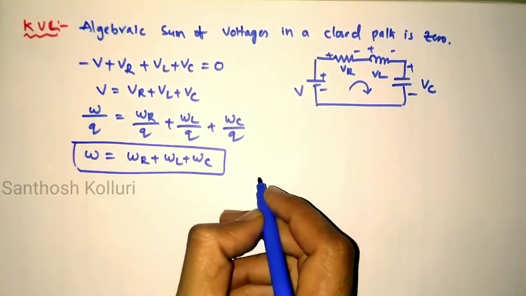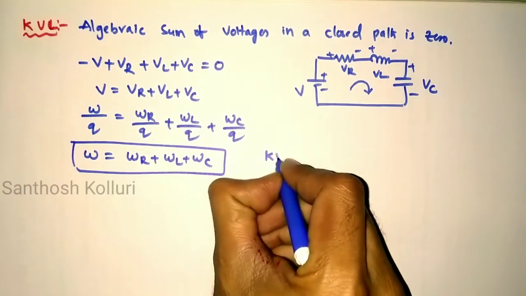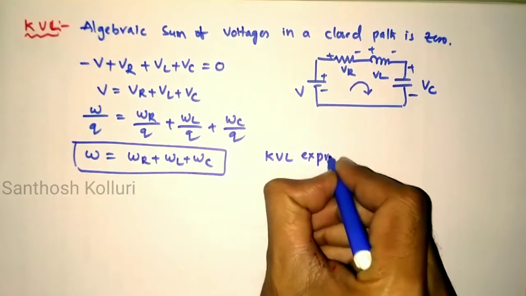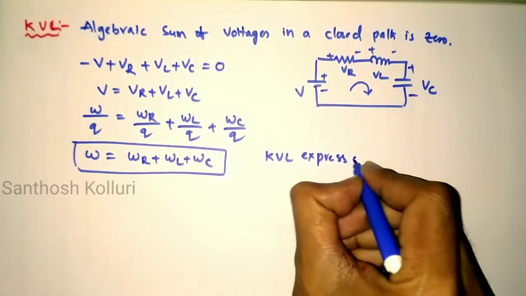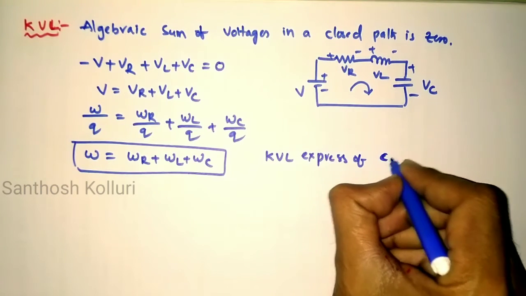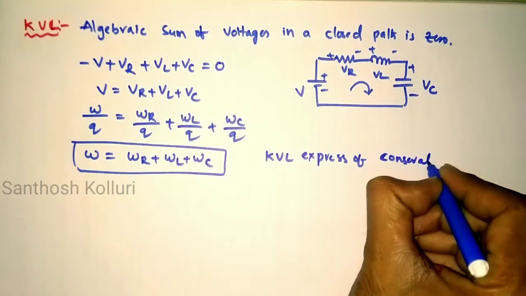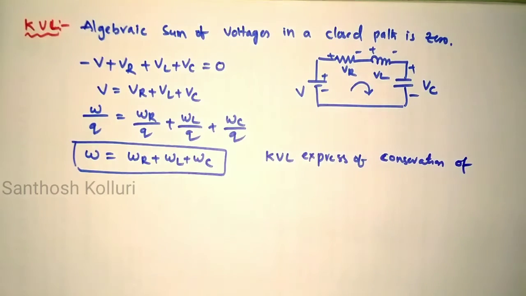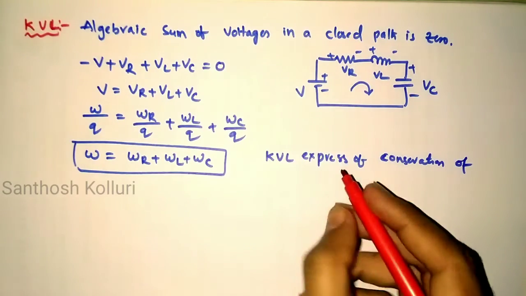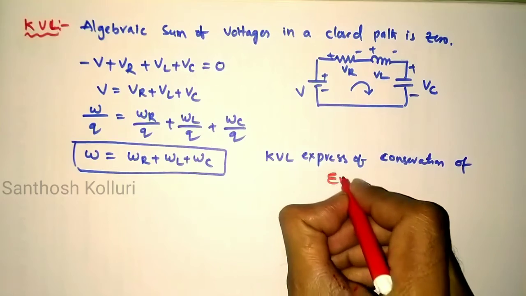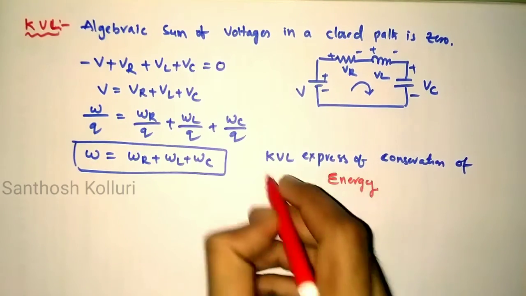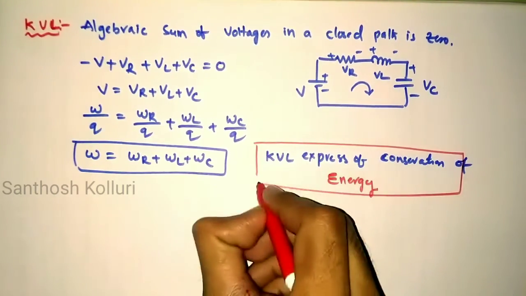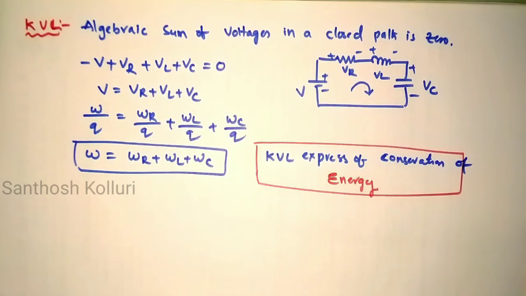From this conclusion, KVL expresses conservation of energy. KCL is expressing the conservation of charge, whereas KVL is expressing the conservation of energy. Very important bit with respect to the competitive examinations.